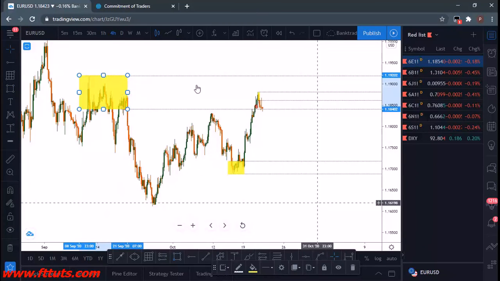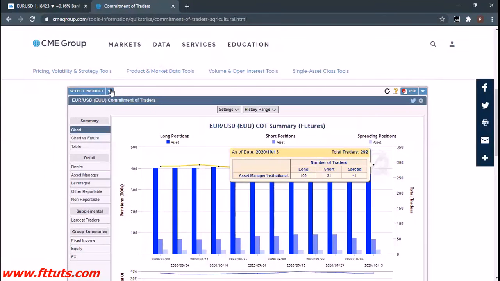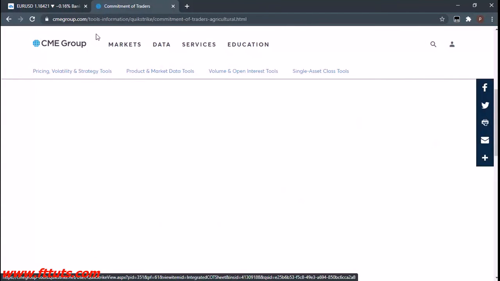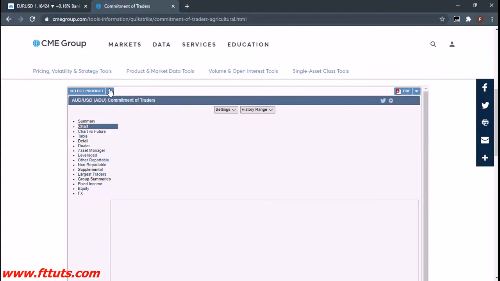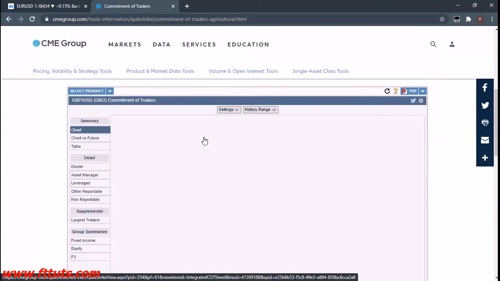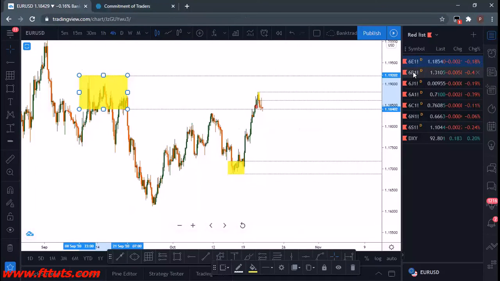Okay, let's look at another example here, on something I was doing. Okay, let's look at pound. Let's look at pound. So we're going to come to pound here. Pound futures.